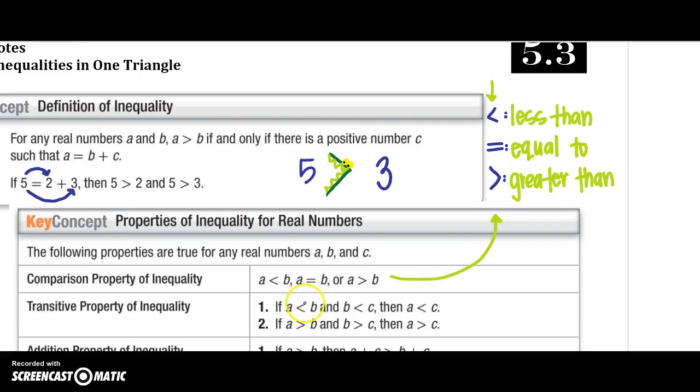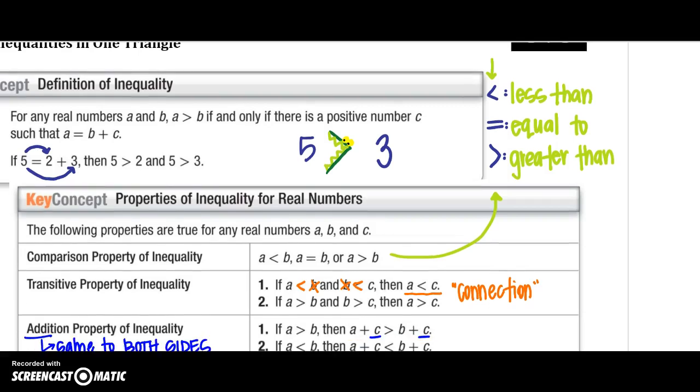So if A is less than B and B is less than C, remember that B is that connecting point, so then we can say A is less than C. It is also like the law of syllogism, and you can also use it for greater than.